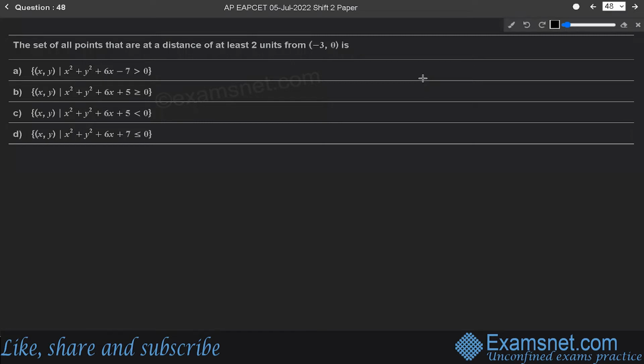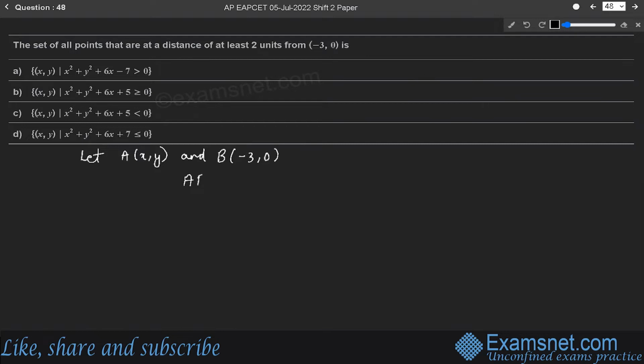Next question is: the set of all the points that are at a distance of at least 2 units from minus 3, 0 is. We have to find the set of all the points. Let A be x, y and B be minus 3, 0 be the points.